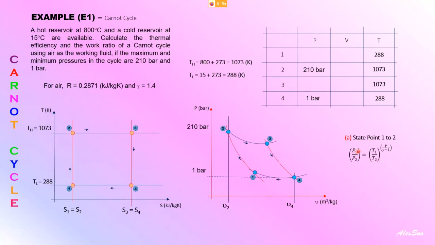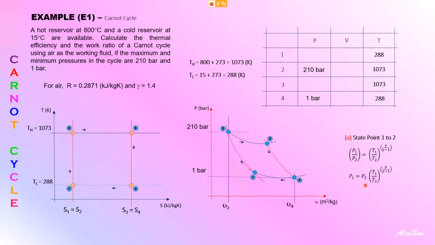So I have to find P1. That is why I write the pressure ratio to the temperature ratio. If I have P1 over P2, then I have T1 over T2; if I have P2 over P1, then I have T2 over T1. From this, we have to find pressure P1, so put P1 as the subject.